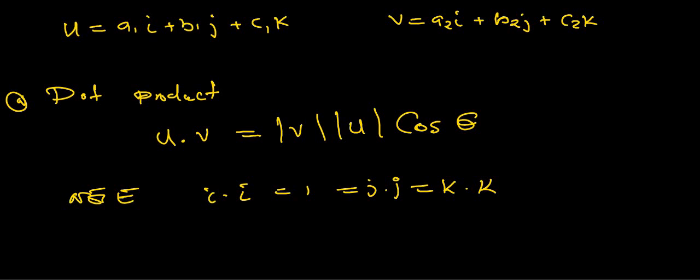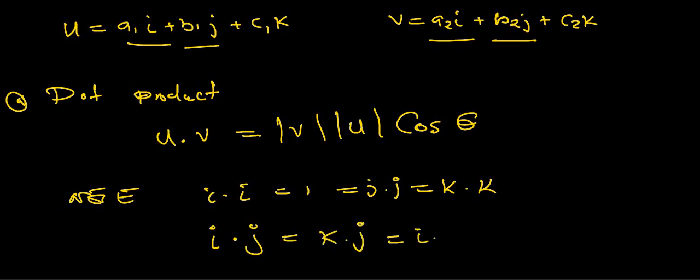That's the reason why, when multiplying two vectors, we multiply the I component and the I component, plus the J component and the J component, plus the K component and the K component, because anything with different letters, like I times J, or K and J, or I and K, gives us 0. So please take note of this.